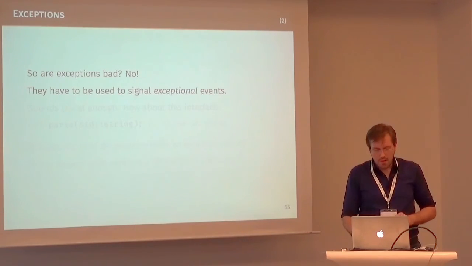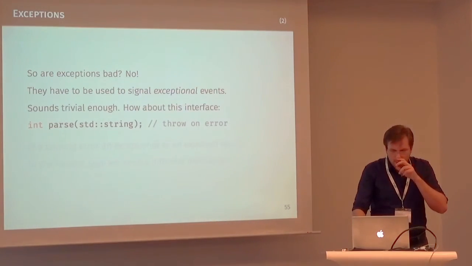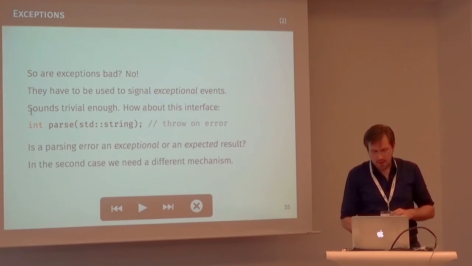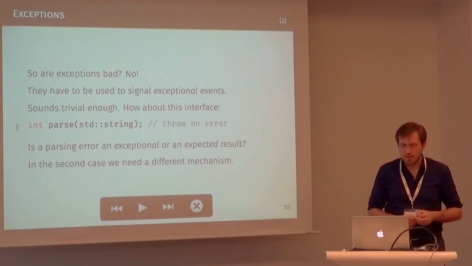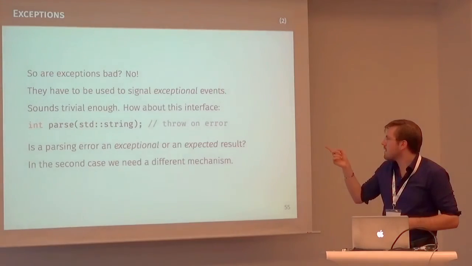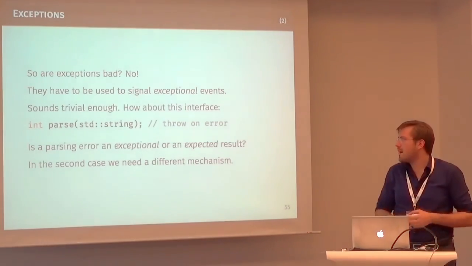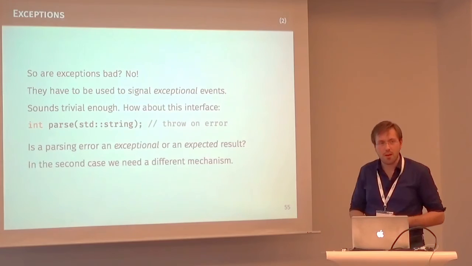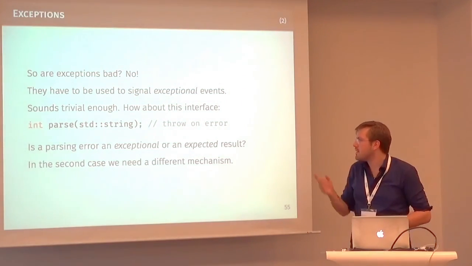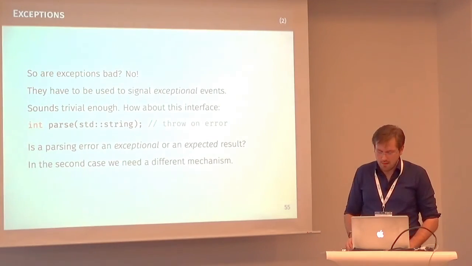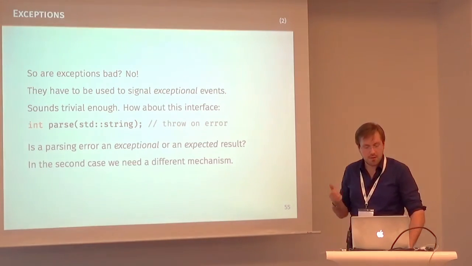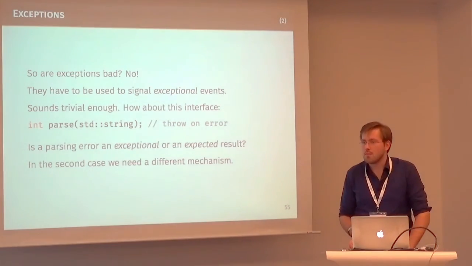So just use them to signal exceptional events, but it's hard to say if an event is exceptional or not. For example, if you have a parse function, you can say a parse error will be common enough to not be considered exceptional. But it could be that this function is called after other code that guarantees that your string is not malformed.